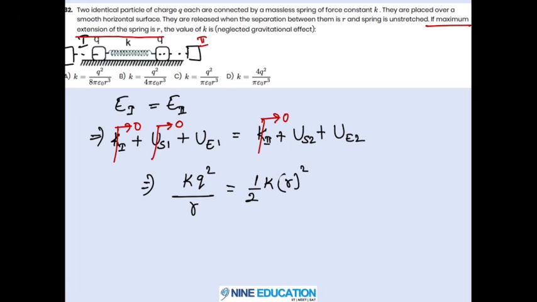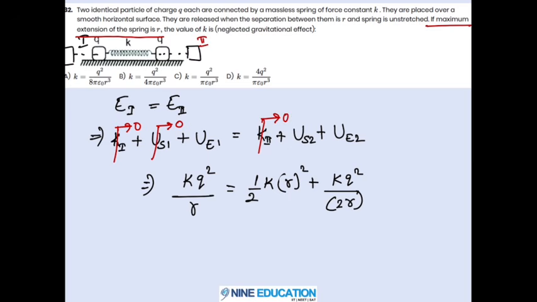So half k r square, plus final electrostatic potential energy, which is again k q square by the new separation between the blocks. Initial separation is r and extension is also r, so the new separation would be 2r.